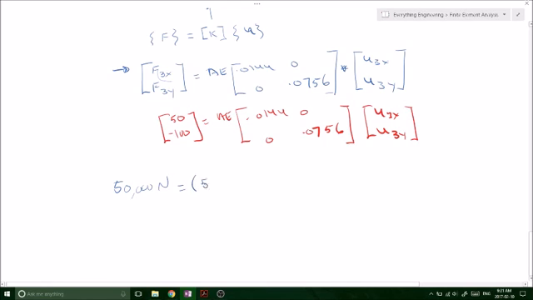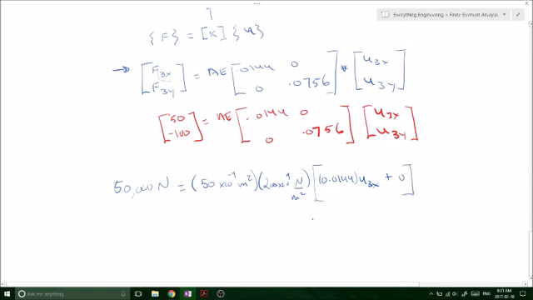Remember, area was 50 times 10 to the minus 4 meters squared. Modulus of elasticity, 200 times 10 to the 9 newtons per meter squared. And now, if we do the matrix multiplication, we have 0.0144 times U3x plus 0.